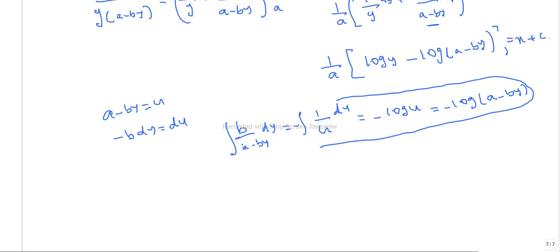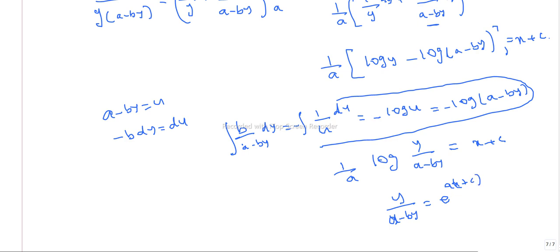So finally we can simplify. So 1/a times log of y/a minus by equal to x plus c. So you just cross multiply this a and then raise the exponential on both sides. Therefore (a minus by)/y should be e^(a(x+c)), or a times x plus c.